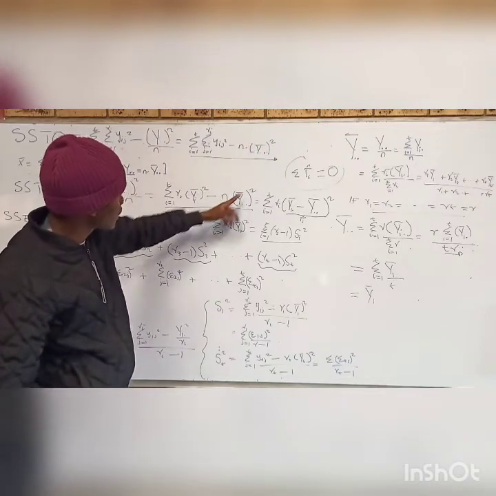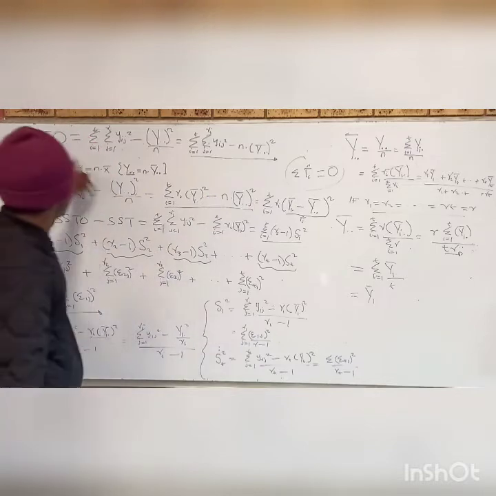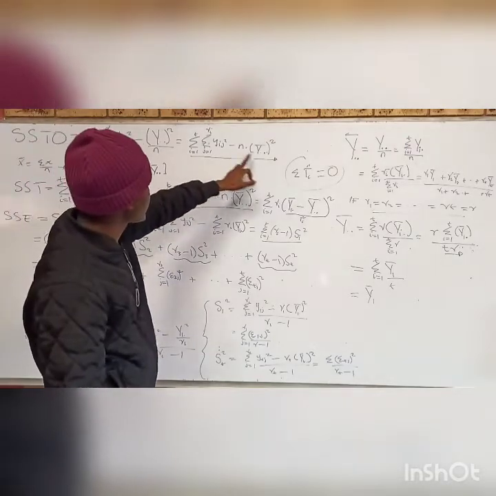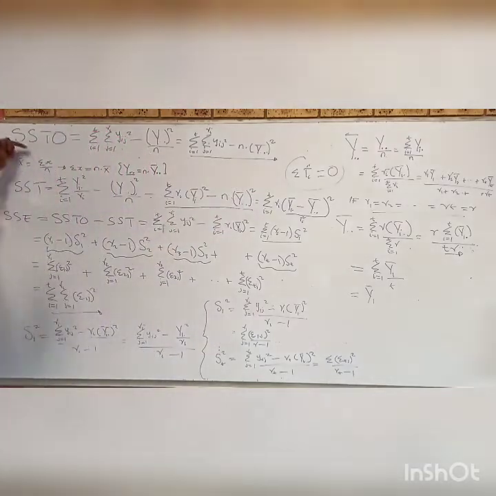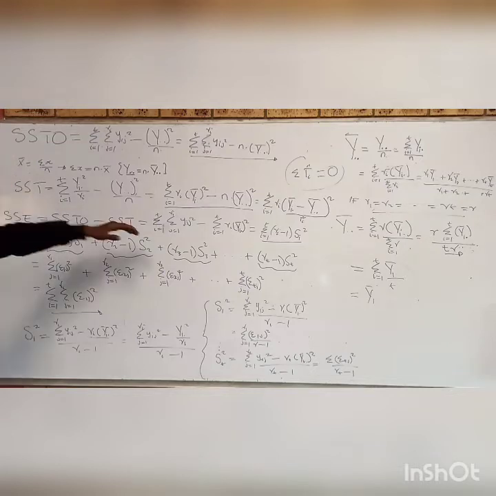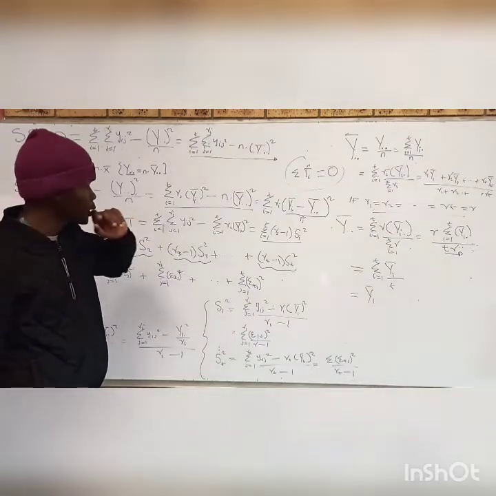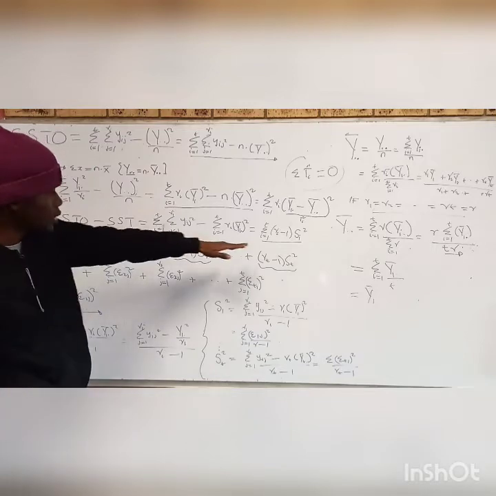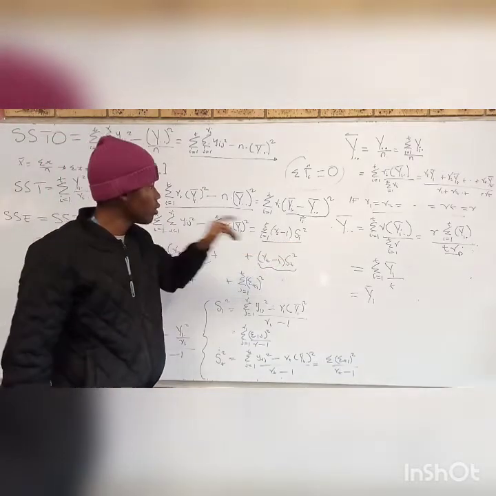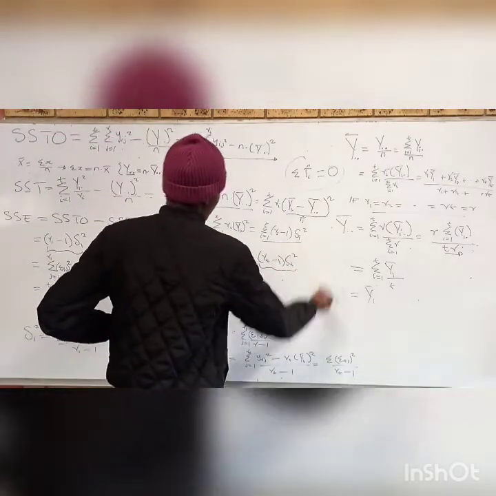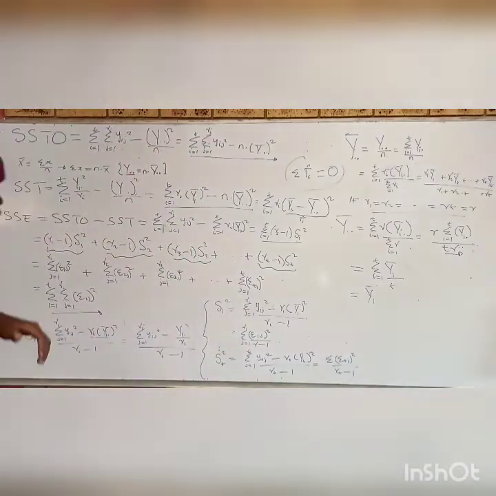This part is going to cancel out, it's common. The n times the grand mean squared is in both the overall sum of squares and also the SST. So that's why our SSE is this, which is equivalent to this, where si squared represents the variance per treatment.